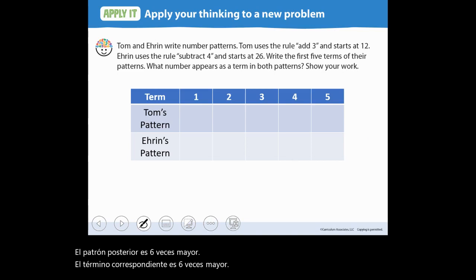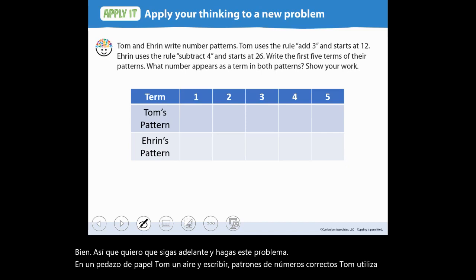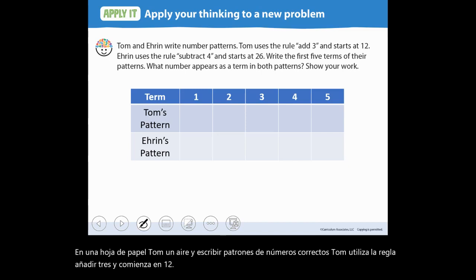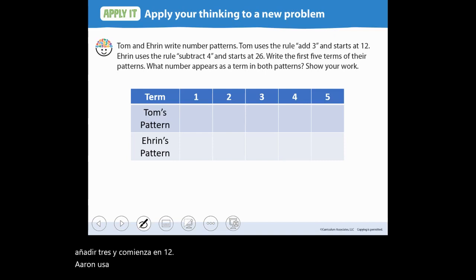All right, I want you to go ahead and do this problem on a piece of paper. Tom and Aaron write number patterns. Tom uses the rule add 3 and starts at 12. Aaron uses the rule subtract 4 and starts at 26. Write the first 5 terms of their patterns.